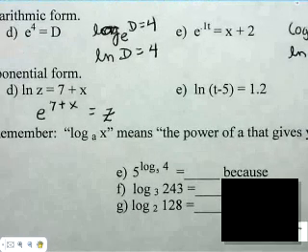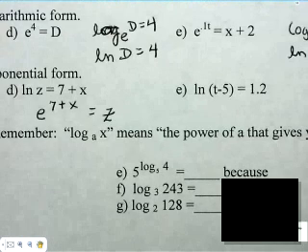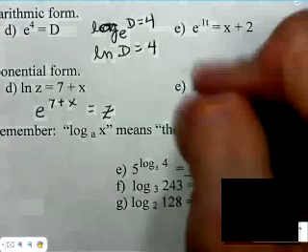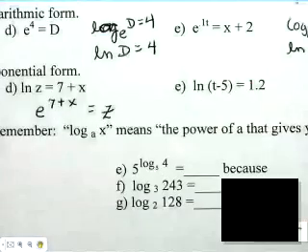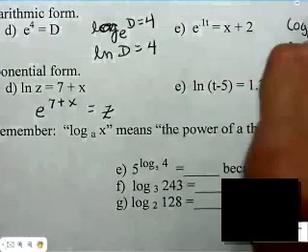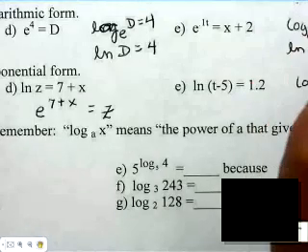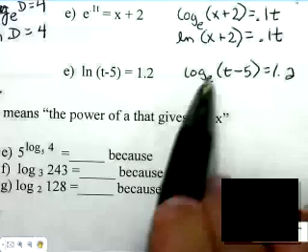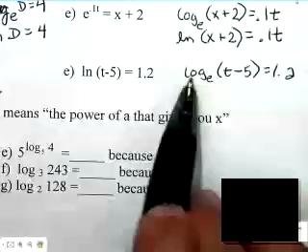Natural log is log base e. So in exponential form, you could write that as log base e of t minus 5 equals 1.2. It's not wrong because natural log's just an abbreviation for this, but what we want to do is change it to exponential form.